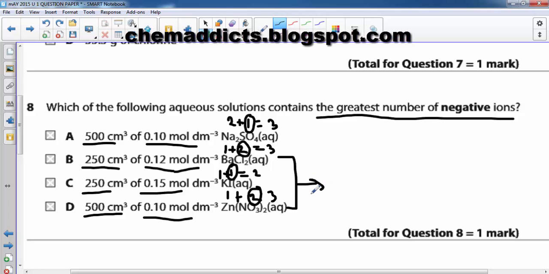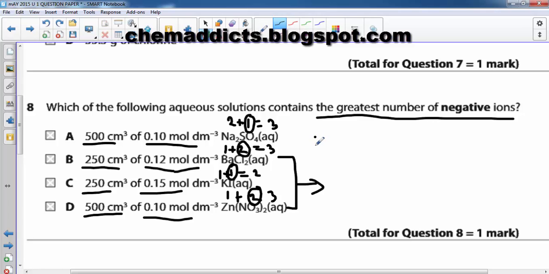Now we will move on to find number of moles. Okay, and if we multiply number of moles with Avogadro's number, we will get the greatest number of ions.